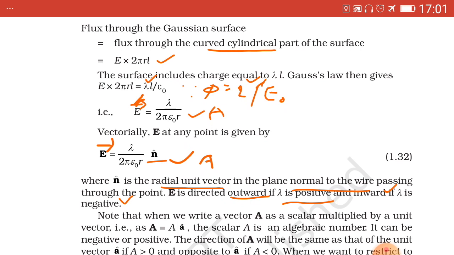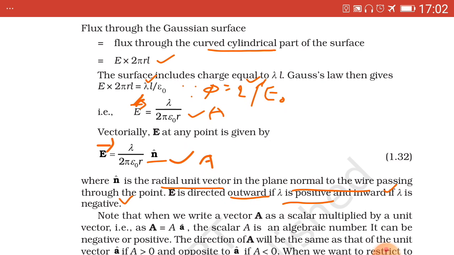For small q we have substituted lambda L, as I have written tick marked beside, and therefore E equal to lambda upon 2 pi epsilon 0 r, making E the subject of the equation. This equation gives the magnitude of the electric field.